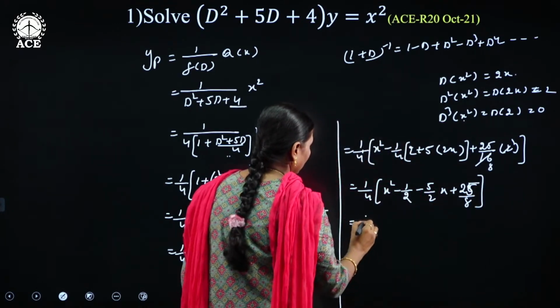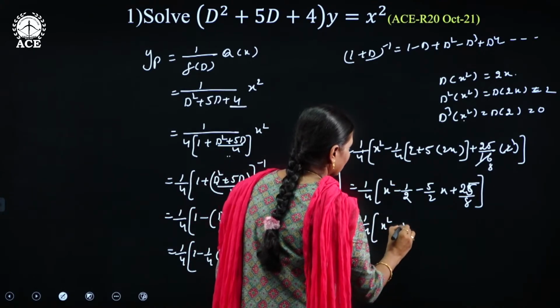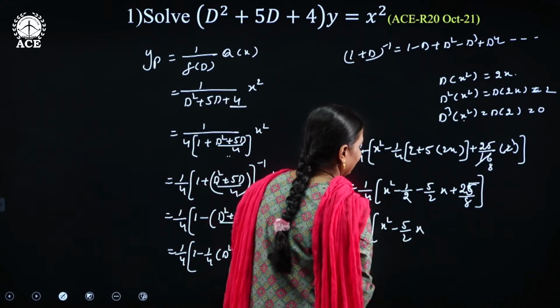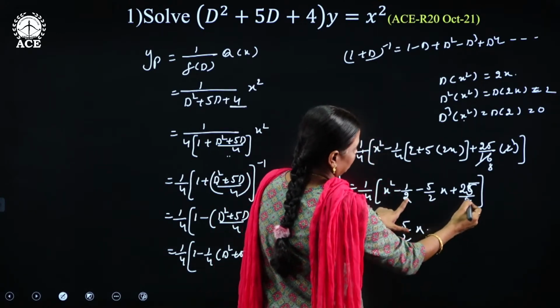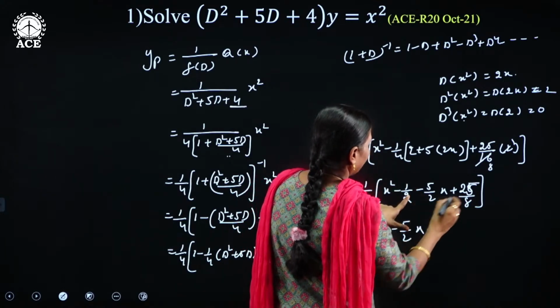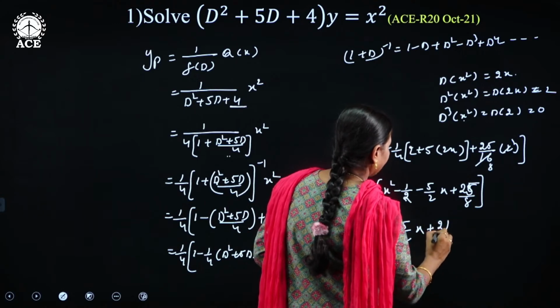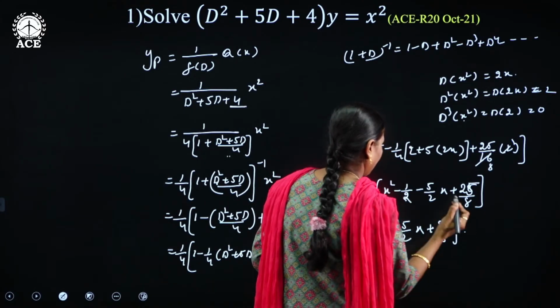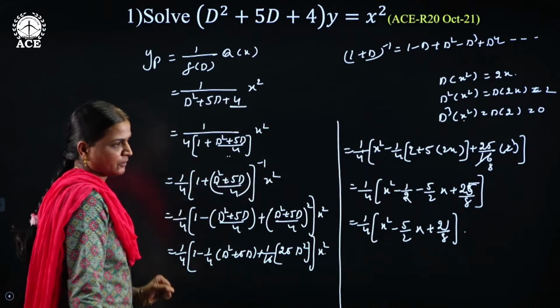Which is equal to 1 by 4 into x square minus 5 by 2 into x. Next minus, so 8 minus 4 is 25. So that is equal to plus 21 by 8. This is the particular integral. That is a particular integral.